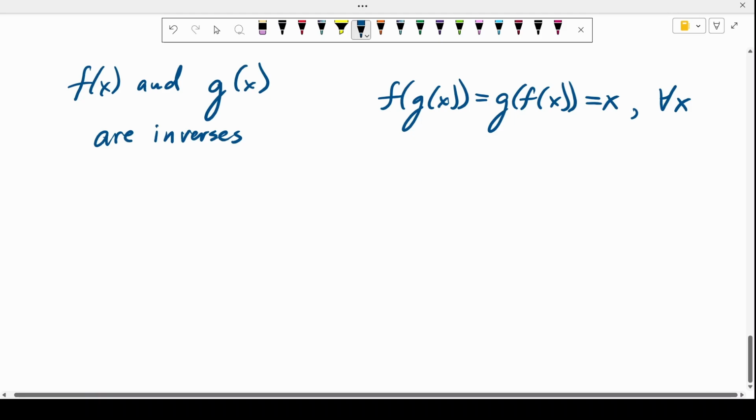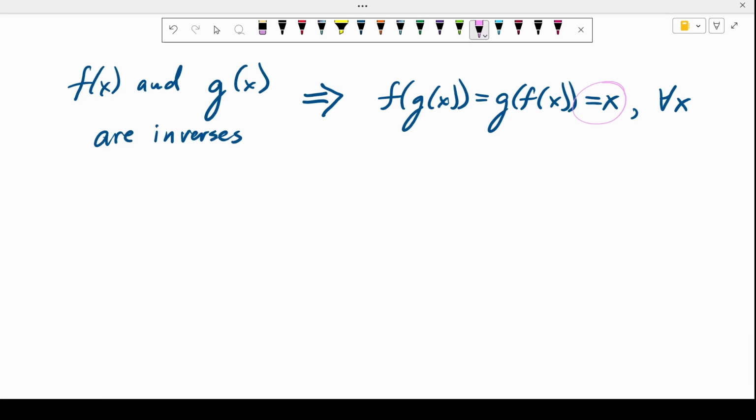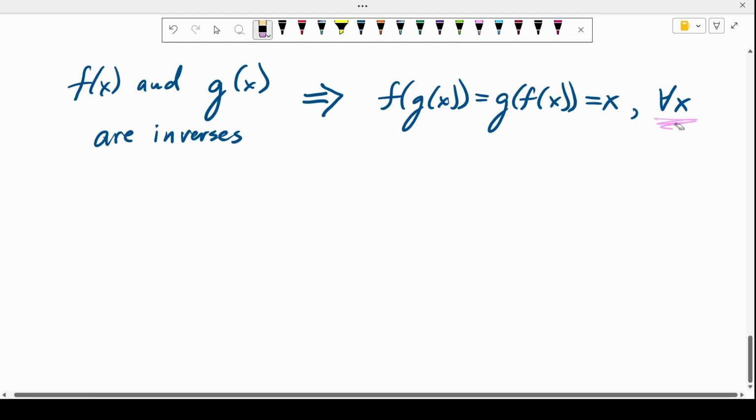But if they are, then this implies that f of g of x and g of f of x are the same thing, and in particular they both evaluate to x, like we had in our activity at the beginning. And not only do they equal x for just one or two values of x, they equal x for all the values of x that are relevant, so usually all real numbers.